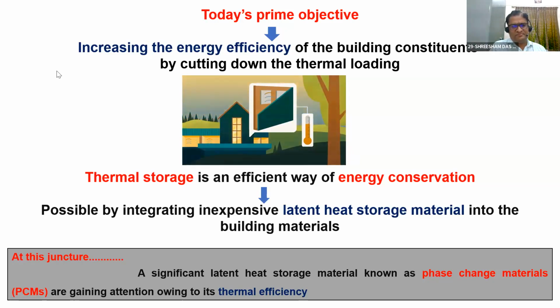There is a method of integrating inexpensive latent heat storage material into the building materials. At this point of time, latent heat storage materials, known as phase change materials, are gaining a lot of attention owing to their thermal efficiency. So you have to integrate the phase change materials, that is your latent heat storage materials, into the building materials, and that is the way you can make the system more efficient in conserving energy.